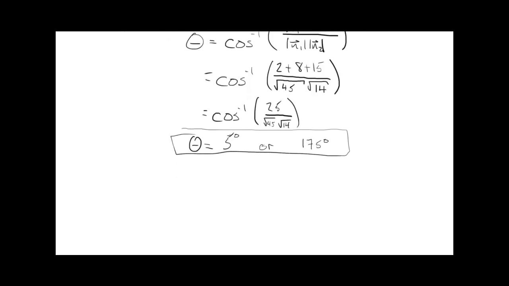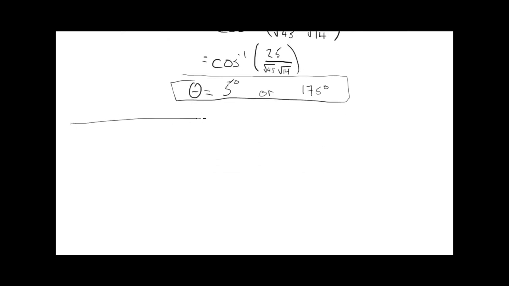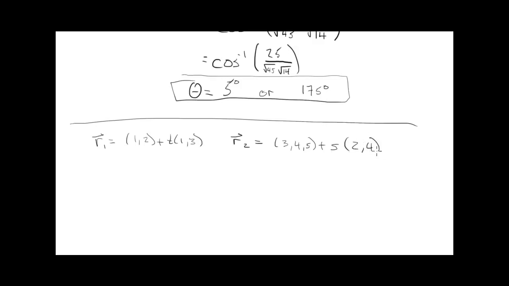One quick comment about this type of question. Remember in R2, we could do this for vector equations, right? If we had a vector equation, r1 and r2, then if we wanted to figure out the angle between them, we just figured out the angle between the two direction vectors, and that's fine, it worked good in R2.